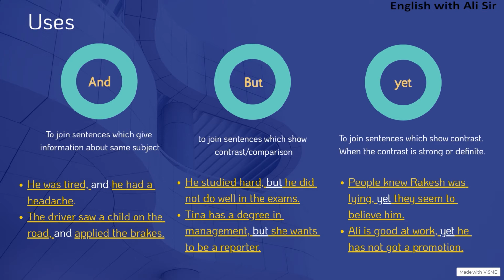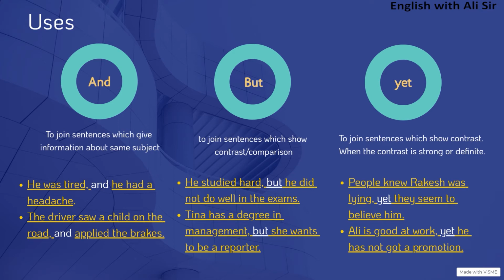Example: he studied hard, but he did not do well in the exam. Next example can be: Tina has a degree in management, but she wants to be a reporter. Here, having a degree in management is in contrast with her career that she wants to be a reporter.